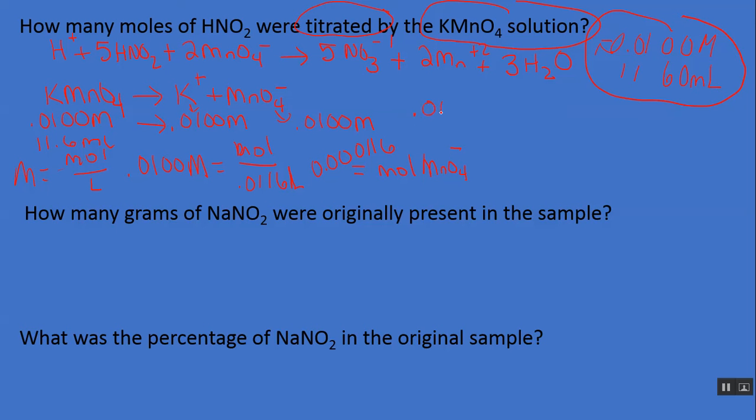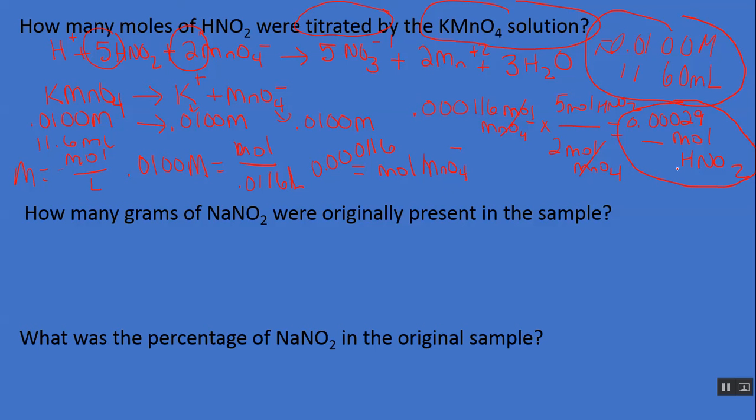If we've got 0.000116 moles of permanganate, and we're told, based on our balanced redox equation, that for every 5 moles of nitrous acid we would use 2 moles of permanganate, we can just solve it, right? For every 5 moles, we would use 2 moles. It's just a matter of setting up a dimensional analysis problem, and we get 0.00029 moles of nitrous acid.